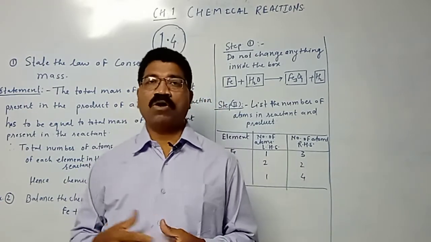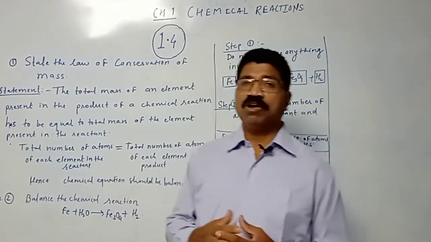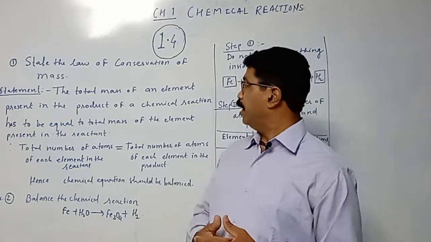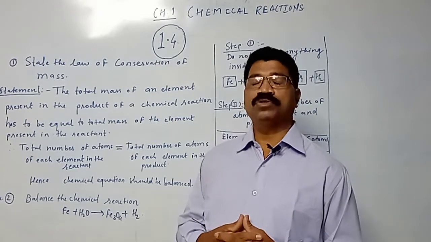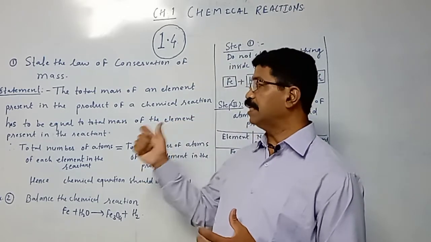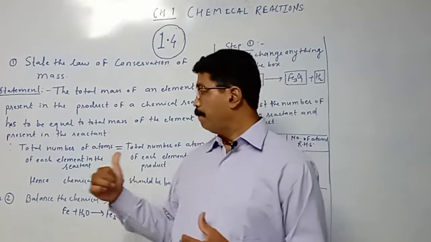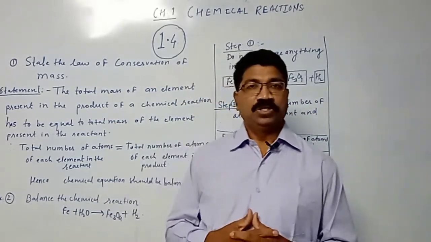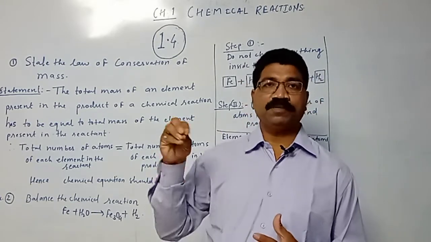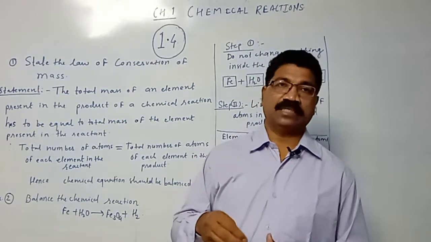Because of the law of conservation of mass that we have seen in 9th standard. So what is the law of conservation of mass? The total mass of the elements present in the product of a chemical reaction is equal to the total mass of the elements present in the reactant.